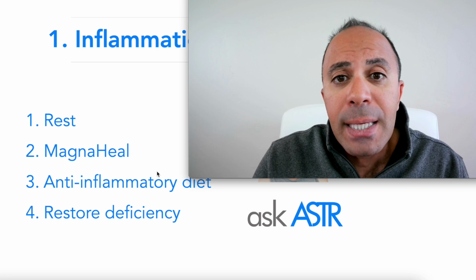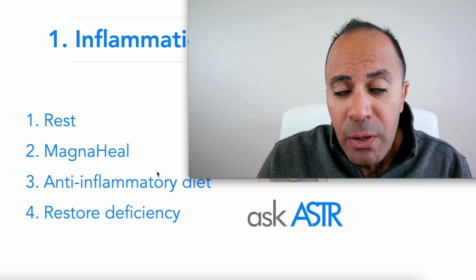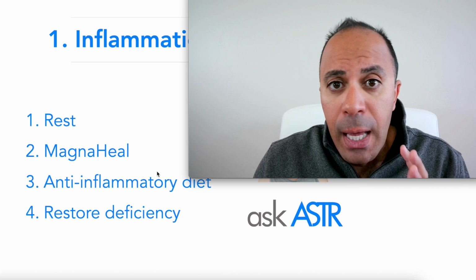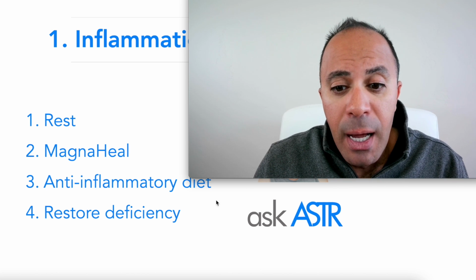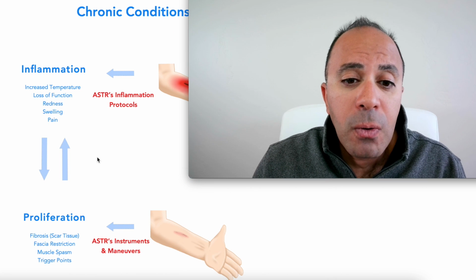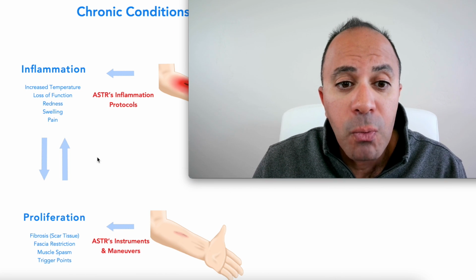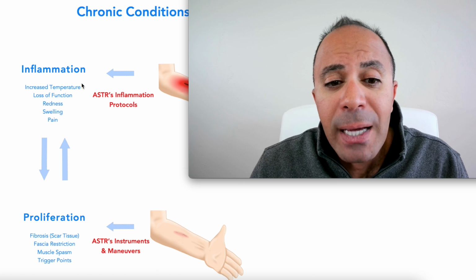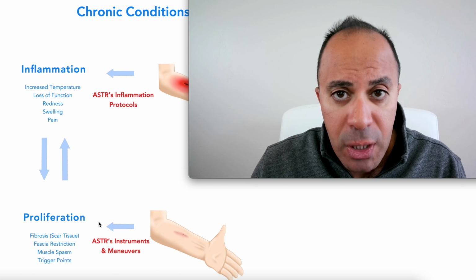If your pain still exists after 5 to 7 days of not doing the activity that aggravated it, that's indicative of a chronic condition, which is your body going back and forth between the inflammation and proliferation stages.